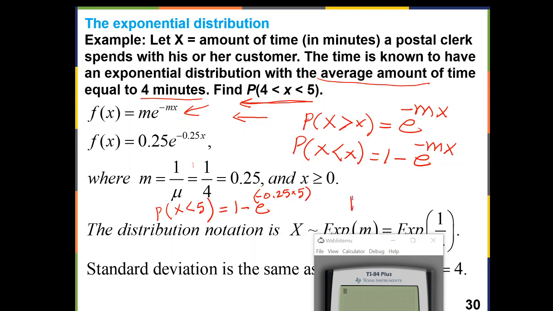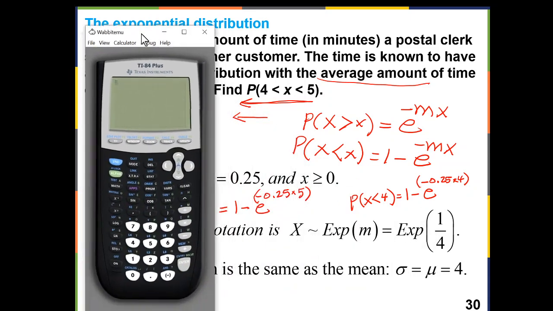And the probability that x is less than 4 is going to be 1 minus e to negative, again, 0.25 times 4, right? So now we can do it.